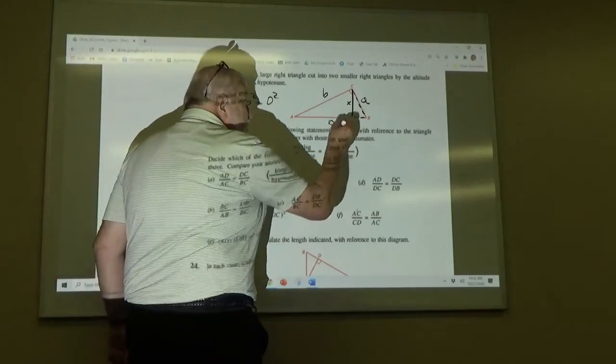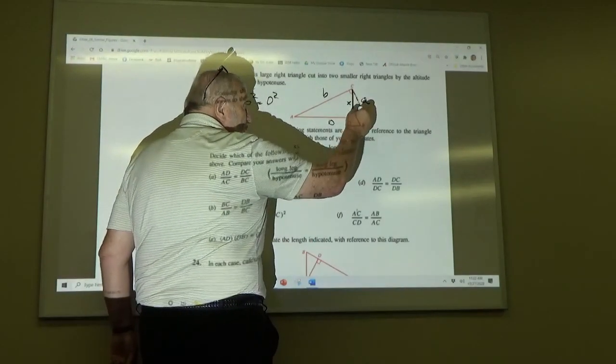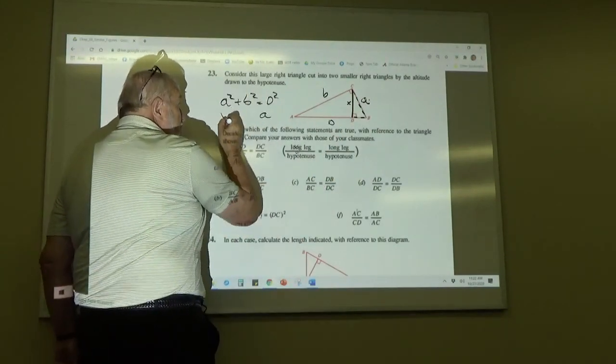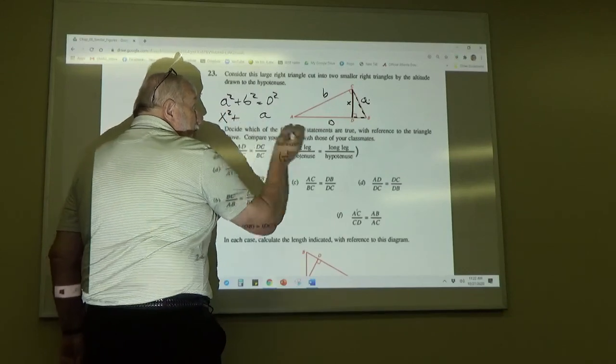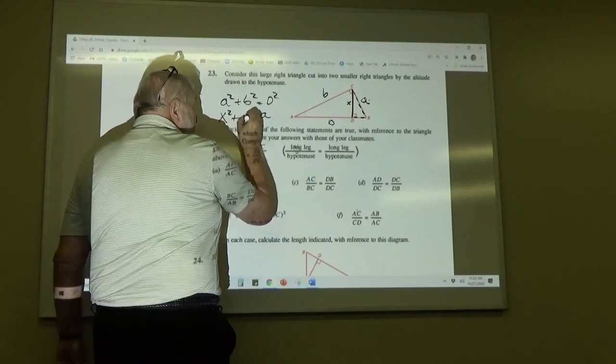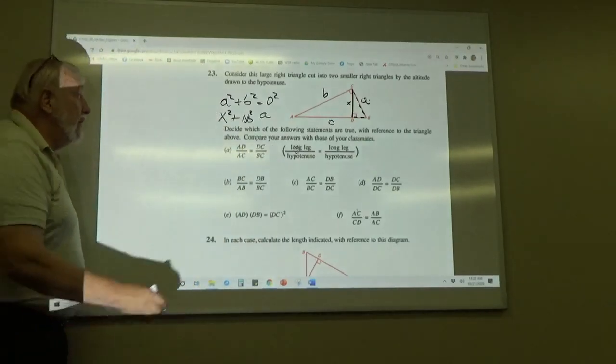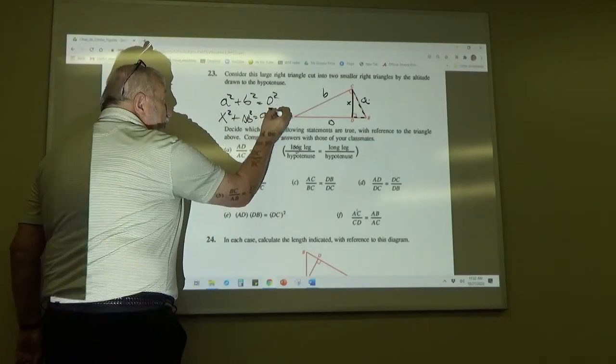All right. In this small triangle, this is the hypotenuse. So that's x squared equals a squared.